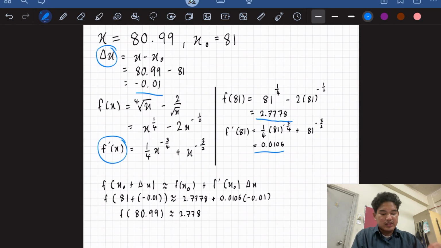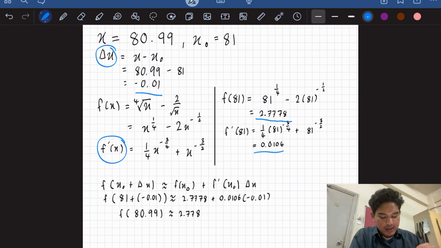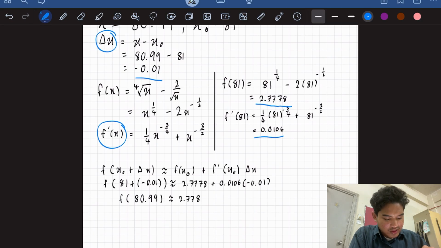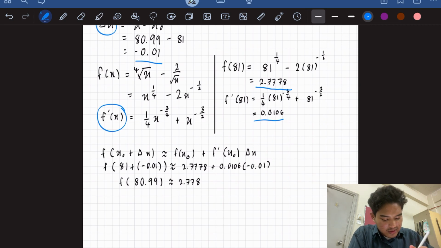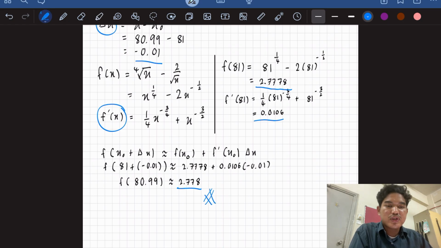After that, we use the linear approximation formula, that is f(x naught plus delta x) approximately equal to f(x naught) plus f derivative x naught times delta x. We substitute all the answers, and then we will get f(80.99) approximately equal to 2.778. So that's all for question 4. Thank you.